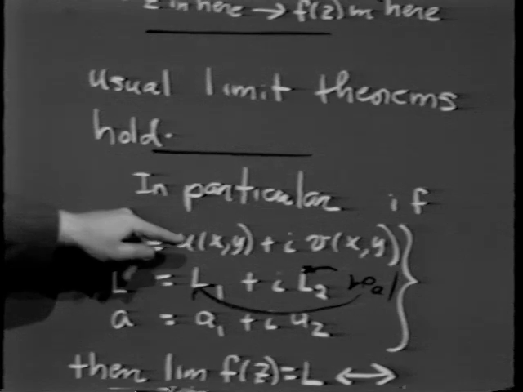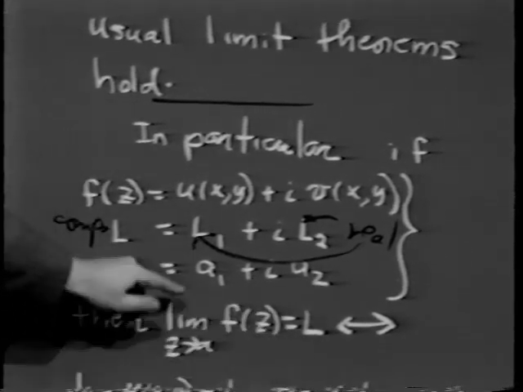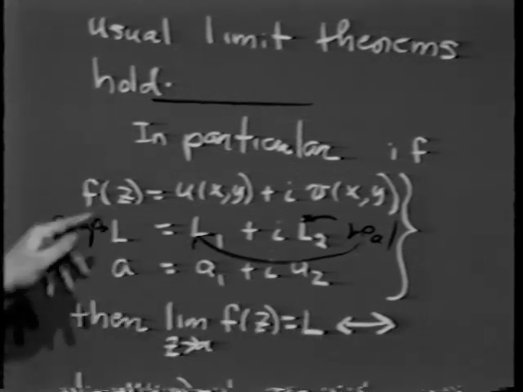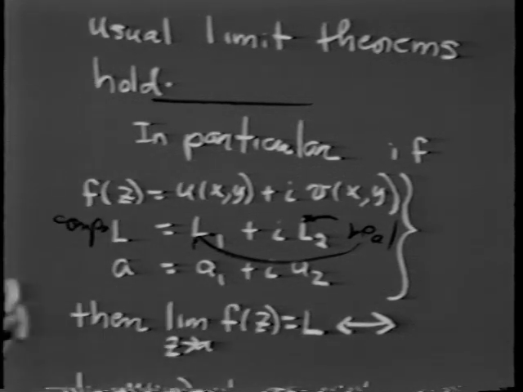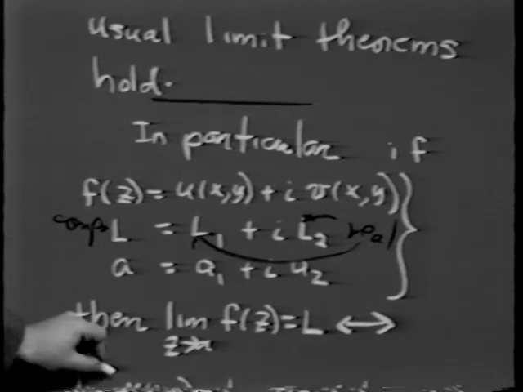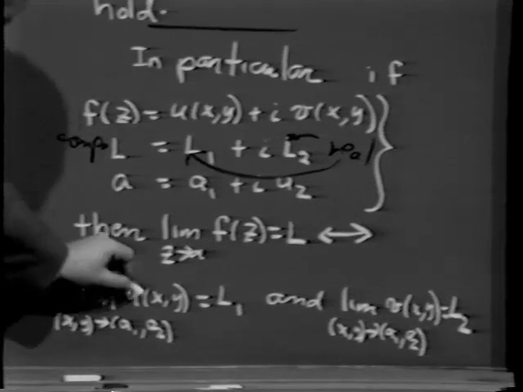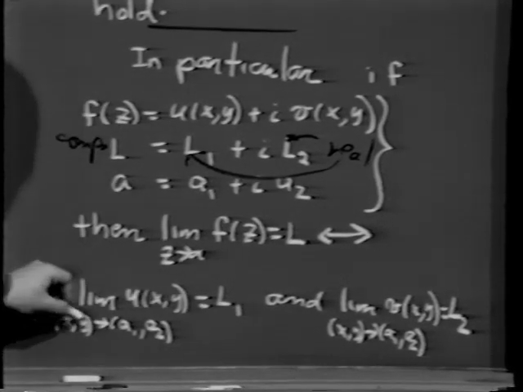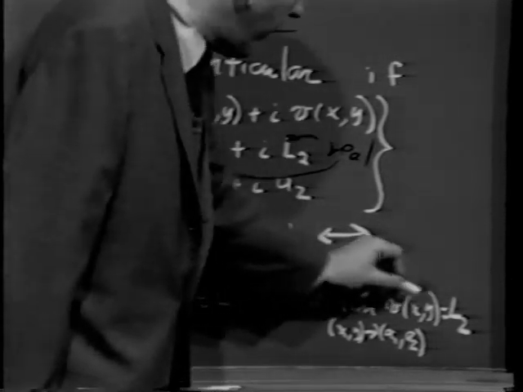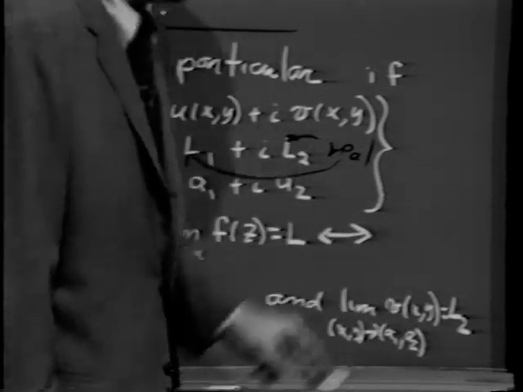And essentially what we're saying is that if the limit as z approaches A of f of z is L, it must be that the real part of f of z approaches the real part of L, and the imaginary part of f of z approaches the imaginary part of L. In other words, this condition here is equivalent to a system of 2 limits in real variables, namely the limit of u of x,y as (x,y) approaches (a1,a2) must be the real number L1, and the limit of v of x,y as (x,y) approaches the real ordered pair (a1,a2) must be L2.